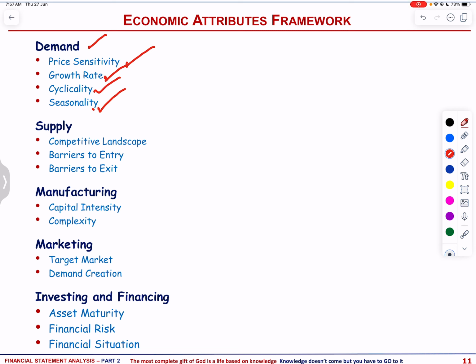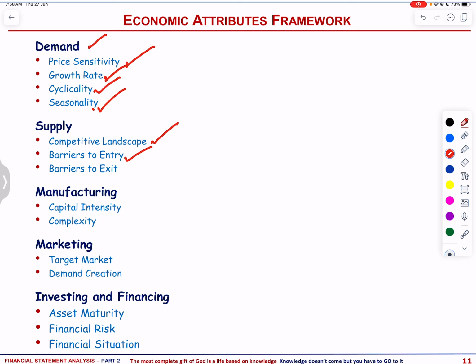Then supply. So, are there many suppliers offering similar products or just a few offering unique products?